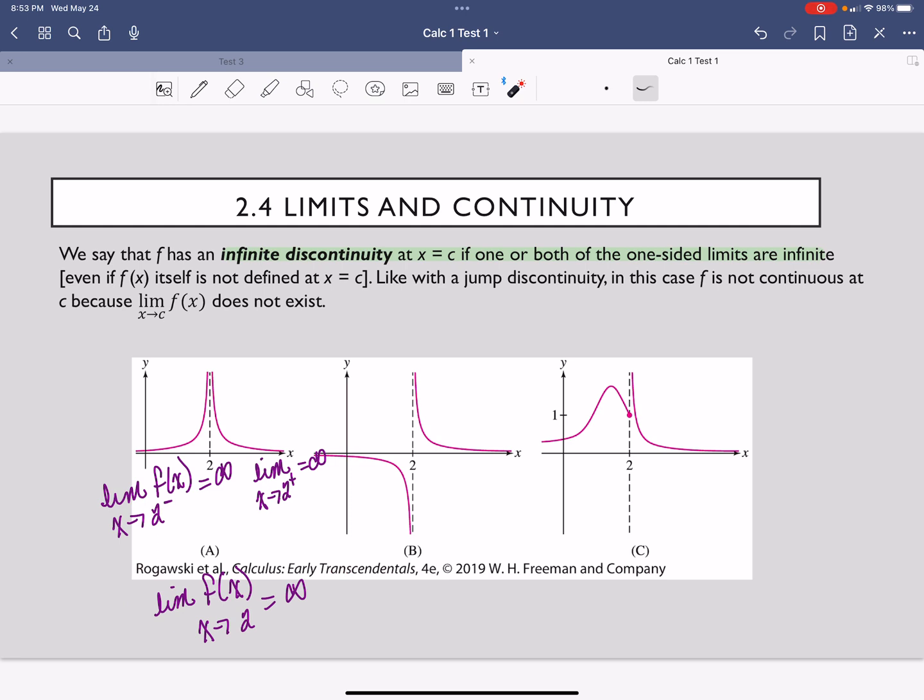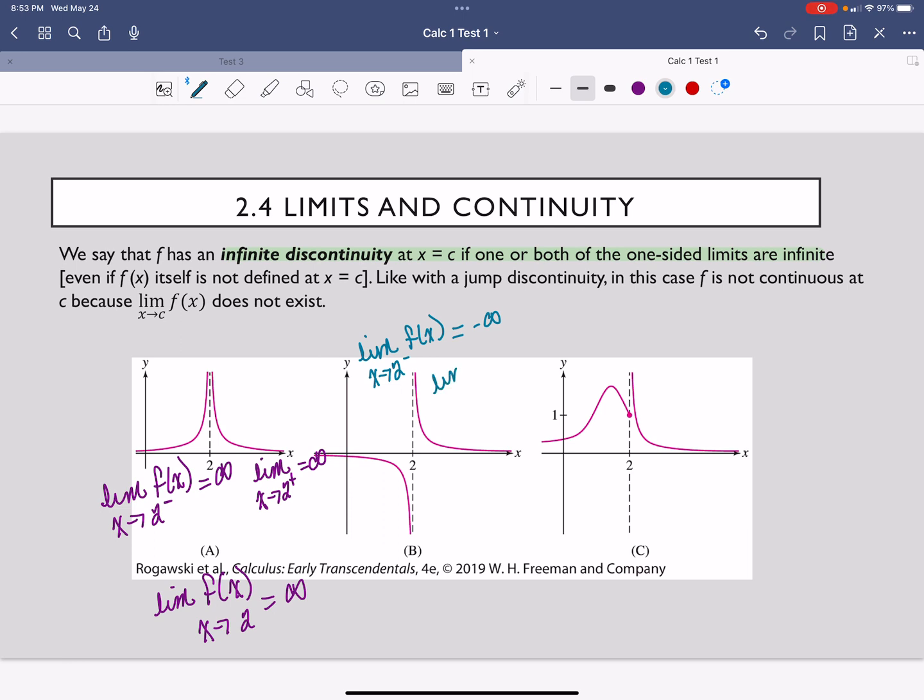Now here, we have the infinite discontinuity, but our limits don't agree. The limit of f of x as x approaches 2 from the left is negative infinity.